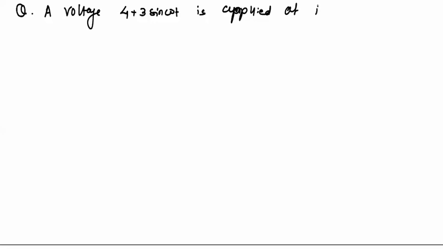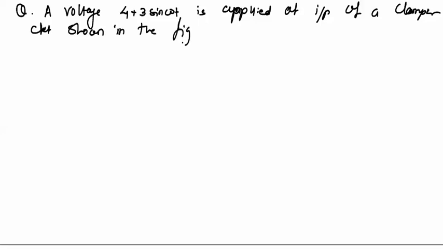Now the next question, which was asked in instrumentation engineering: a voltage 4 plus 3 sine omega t is applied at the input of a clamper circuit shown in the figure.